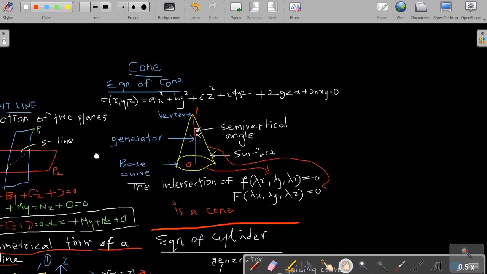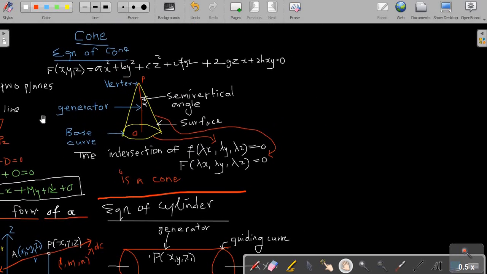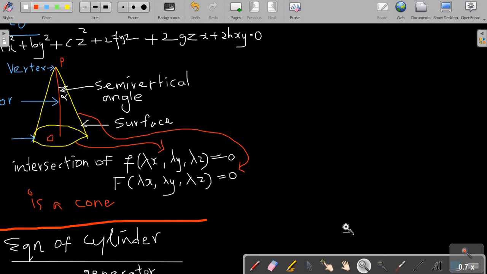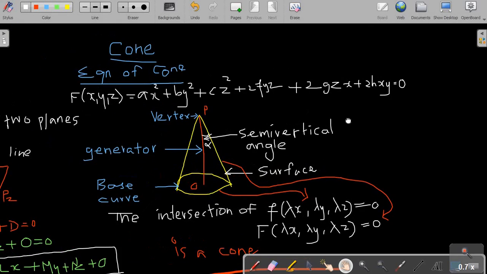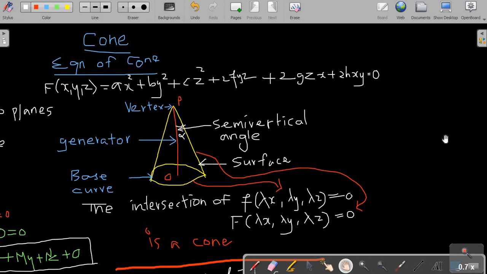Now, after understanding the straight line, we are coming to the cone, the general form of a cone. That's what we are interested in. What you are seeing in this geometrical picture, we call a cone.